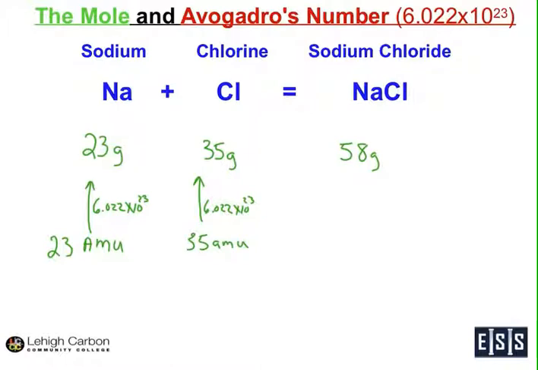And likewise, over here, if you just took 1 molecule of sodium chloride, it would weigh 58 AMUs. But if you took 6.022 times 10 to the 23 of those molecules, they would weigh 58 grams.